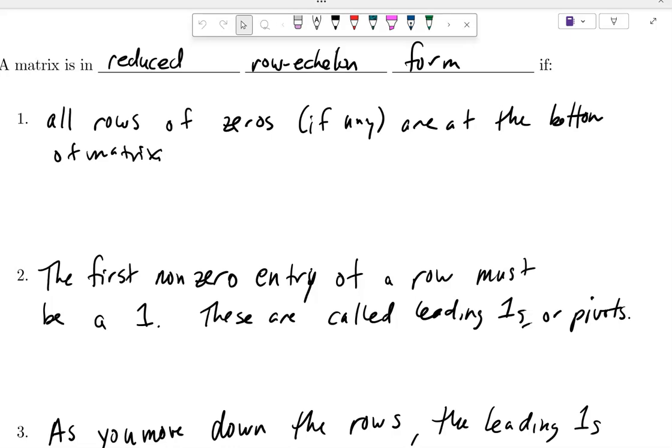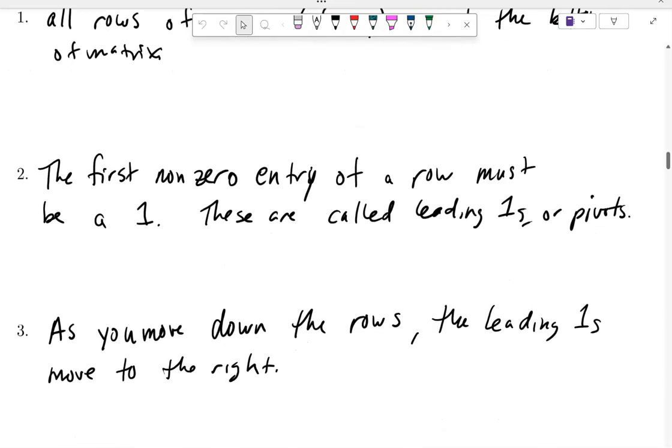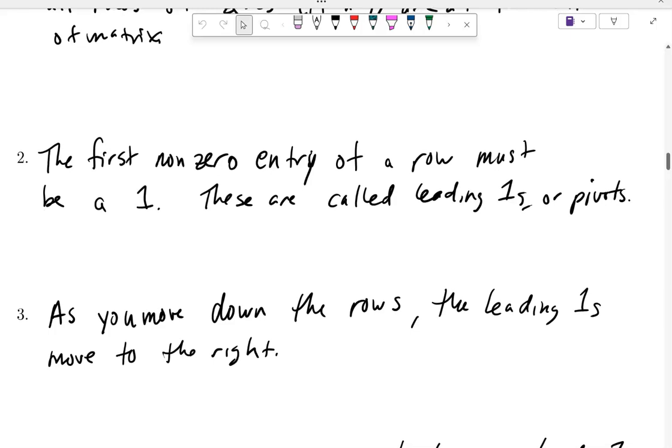The third one was that as you go down the rows, those leading ones have to move to the right. So we have to have that stair-stepping idea. Remember, we talked in the previous section about writing our systems in triangular form. This is the analog to that for matrices.